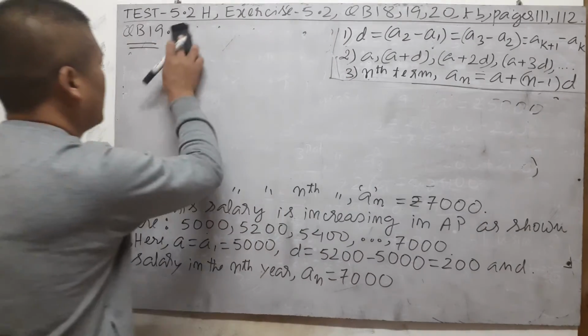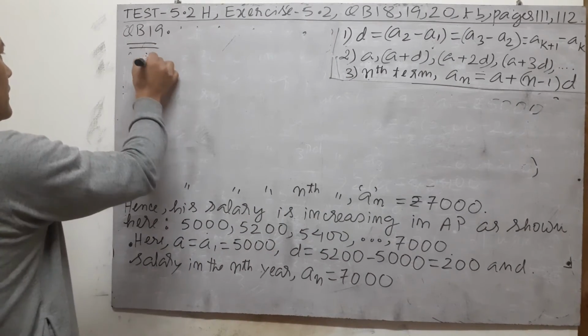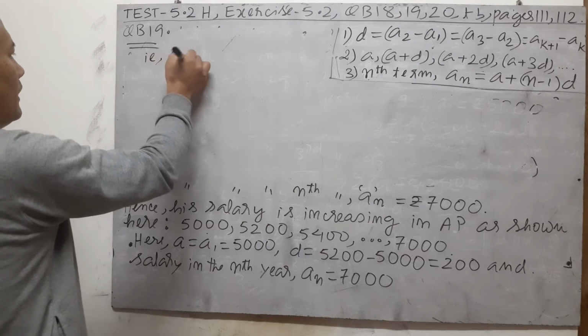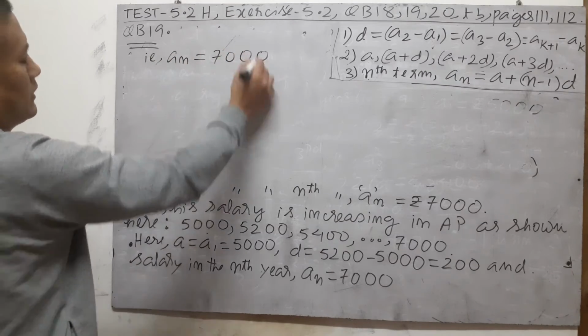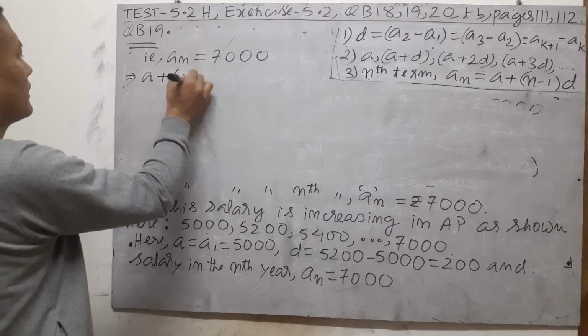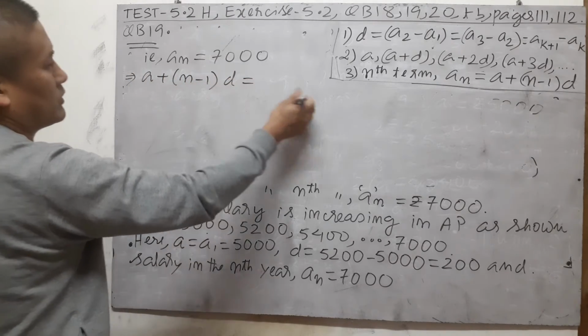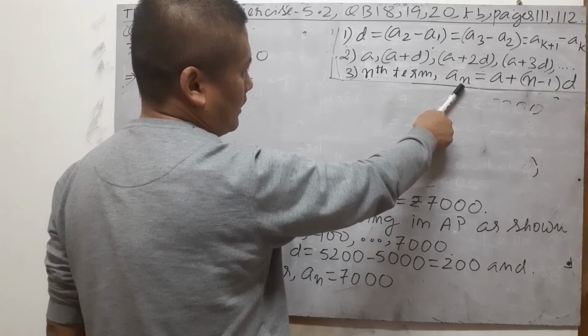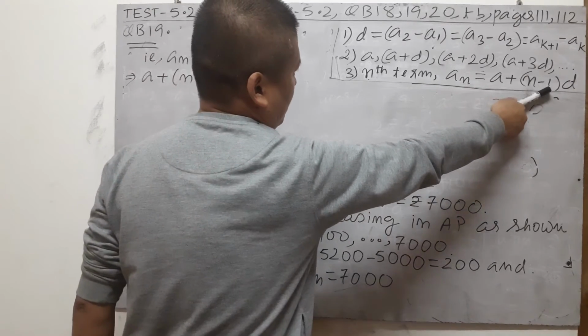So let's do that. An is equal to 7,000, as you can see here. That implies a plus n minus 1 into d, because I'm using the formula an equals a plus n minus 1 into d.